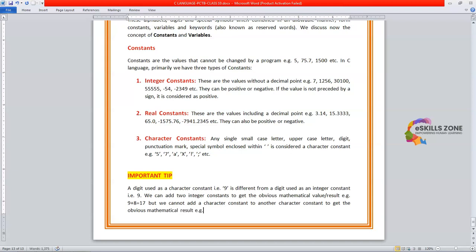For example, if you type 9 enclosed in single quote apostrophe, which is considered a character constant, not an integer constant, and then we add it with 8 enclosed in single quote, or we can call it apostrophe, then it will never be equal to 17.